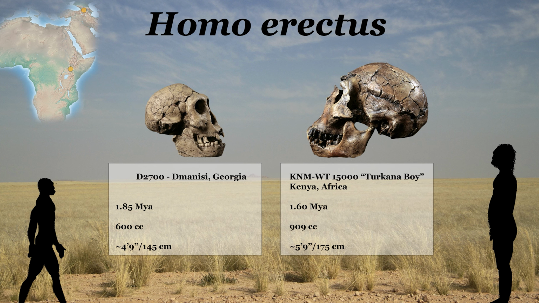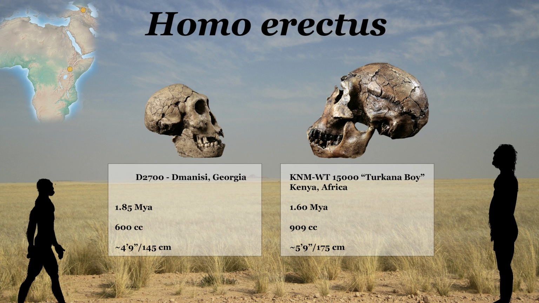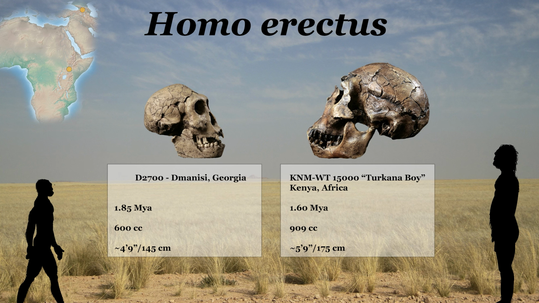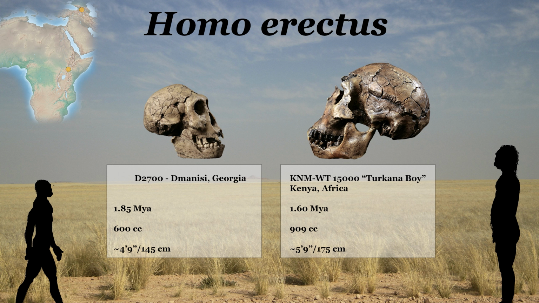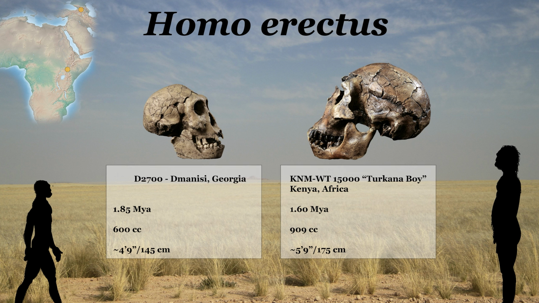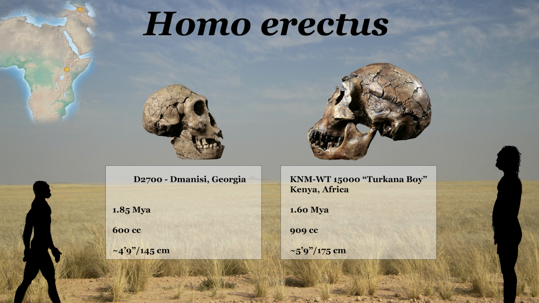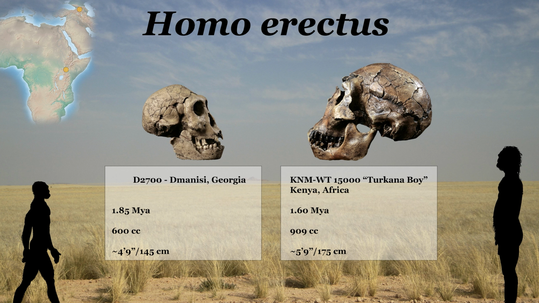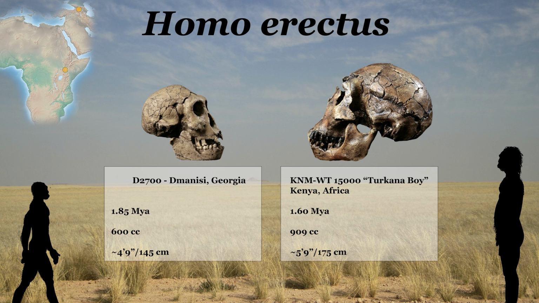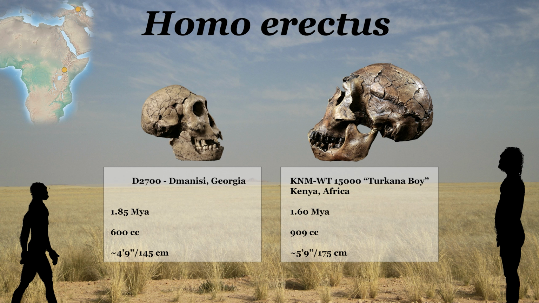Whereas Turkana boy from Kenya had about a 909 cubic centimeter cranial capacity and was about 5 foot 9 inches or 175 centimeters tall. So even within these two specimens, there's wide morphological variation.